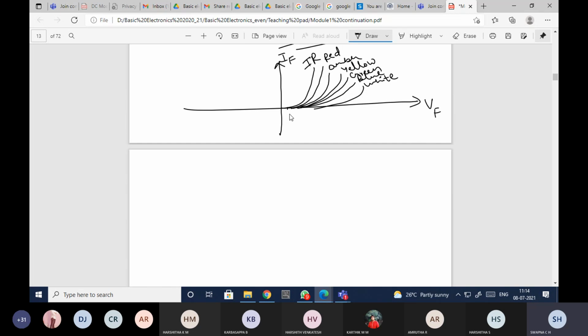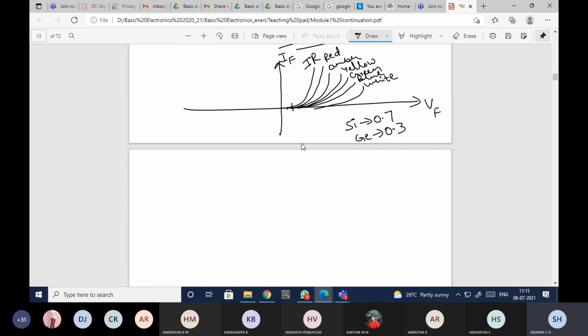One more thing here: if you take a normal PN junction diode, until the knee voltage, a very small current will flow, and after that the current will increase linearly. Here also it is the same principle, but if the PN junction diode is made of silicon, the knee voltage is 0.7, and if it is made with germanium, it is 0.3.